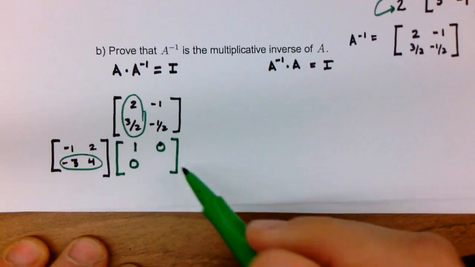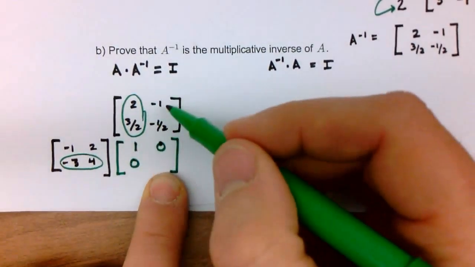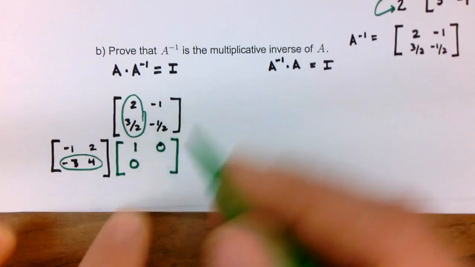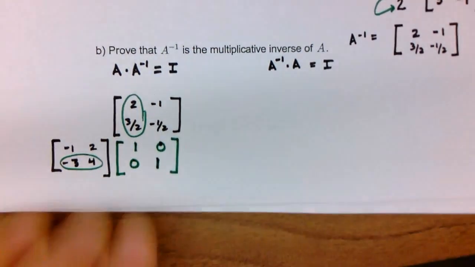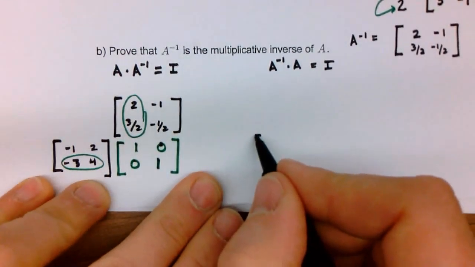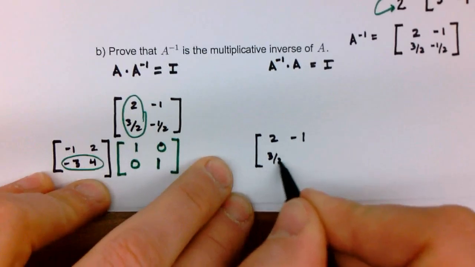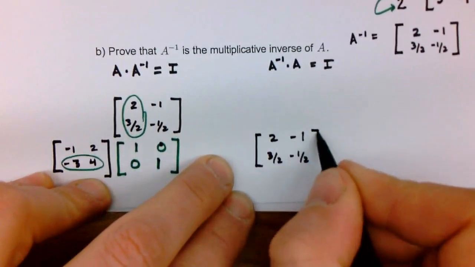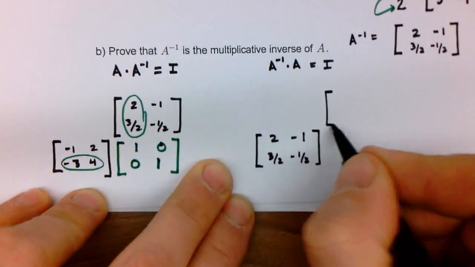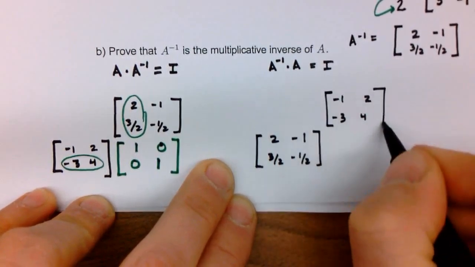Okay? So we got that. Griffin, get the last one. What's going to go in this position right here? 1, 3/2, and then negative 2. Which is going to give us 1. Okay. I'm going to be quiet for a second. I want you to check the other one. I want you to check that [[2, -1], [3/2, -1/2]] times [[-1, 2], [-3, 4]] works.